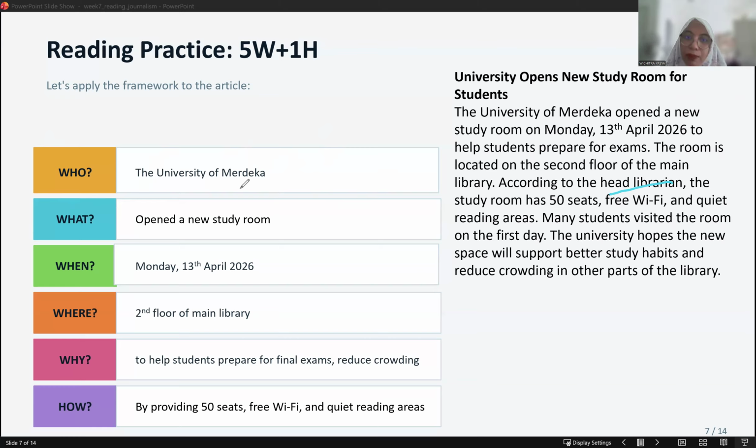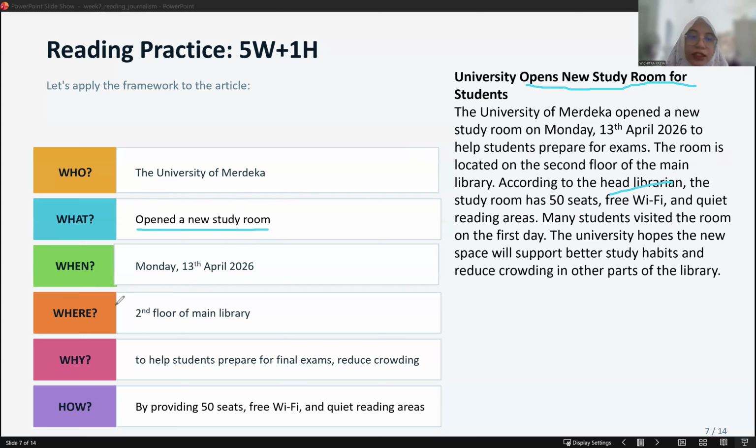What is being reported? You can have a look at the title as well, Opens New Study Room. So what is being reported? The University of Merdeka opened a new study room. When did it happen? It happened on Monday, 13th April 2006. And where?